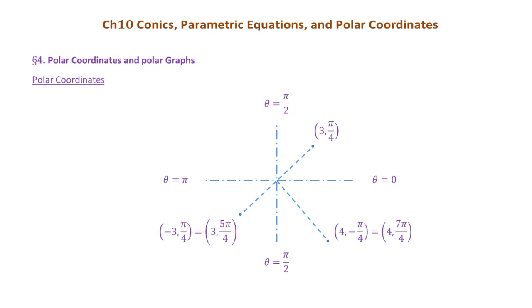Then how about the positive y-axis? That would be theta equal to pi over 2, or 90 degrees, because you rotate 90 degrees from the polar axis. Then if you rotate another 90 degrees, or pi over 2, you get the opposite direction from the polar axis.